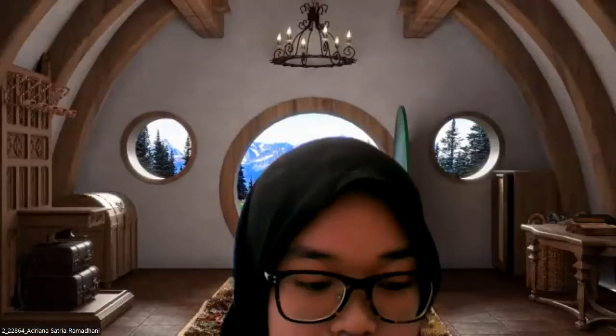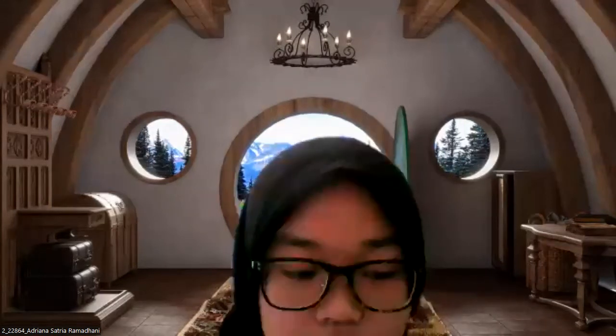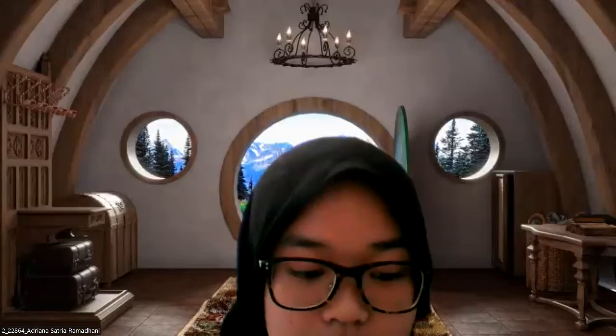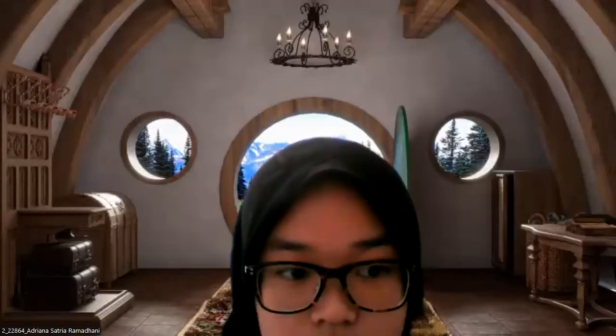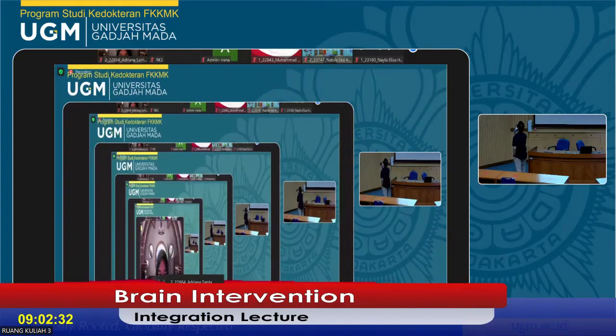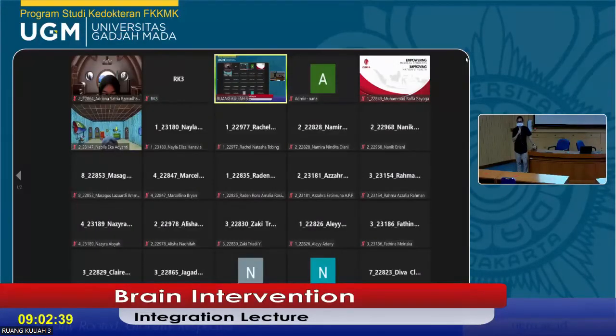I would like to ask, is there any case where craniotomy is permanent or not followed by cranioplasty, or maybe is there any contraindication for the cranioplasty procedure? Okay, good question. Cranioplasty can be done at the same time as the primary surgery or at a different time.